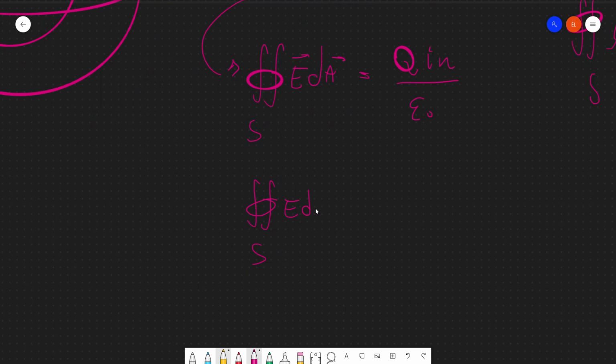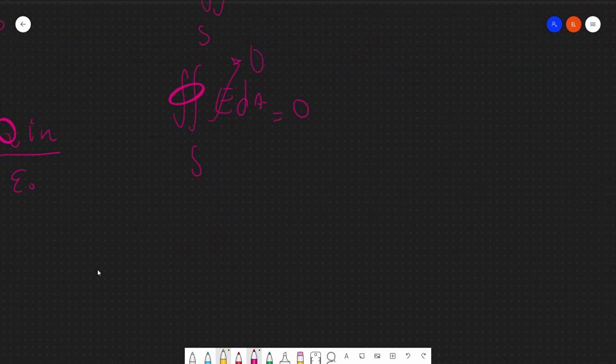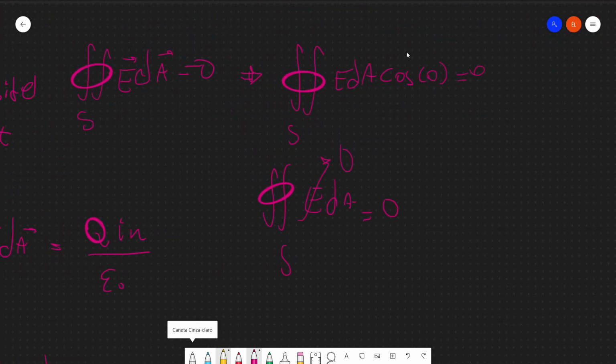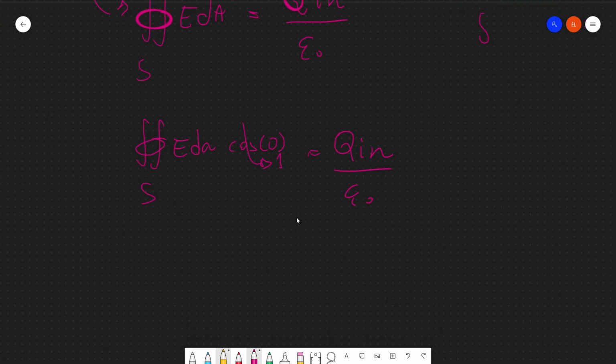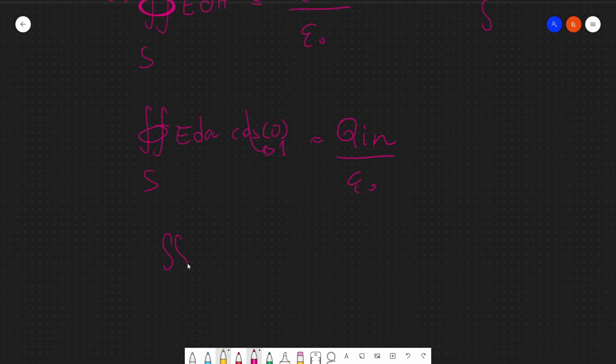E dA cosine of 0, which is just 1. The integral of E dA equals Q in over epsilon 0, and E in this case is a constant, so we can just pull it out. E times the integral of dA equals Q in over E0.